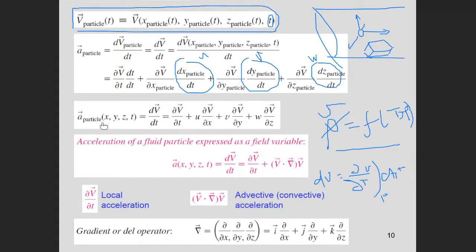Therefore, the acceleration will become del V by del t, since dt by dt disappears. Do you agree with me? So it becomes del V by del t, the main unsteady component of the velocity, plus u del V by del x, plus v del V by del y, plus w del V by del z.